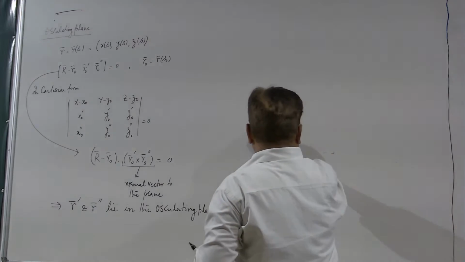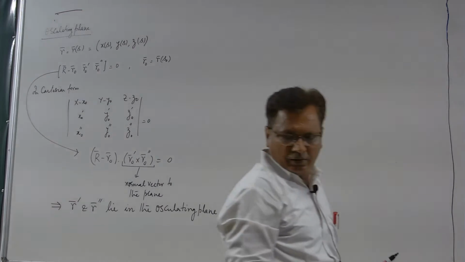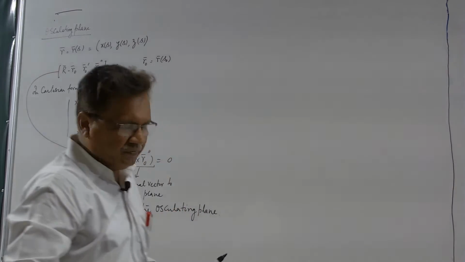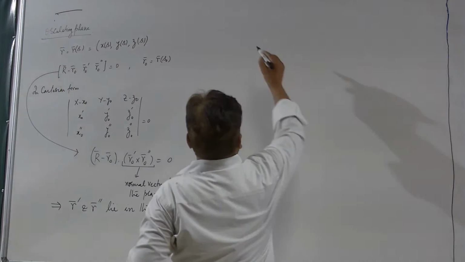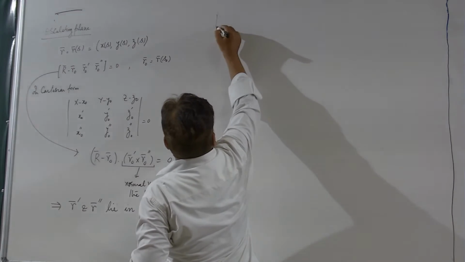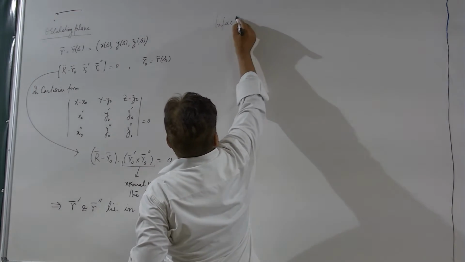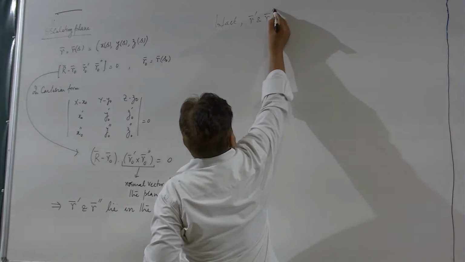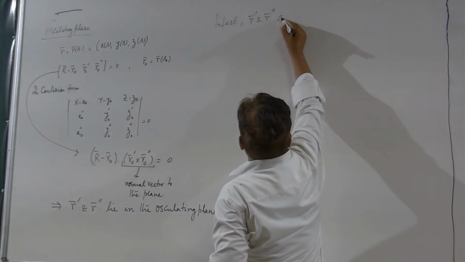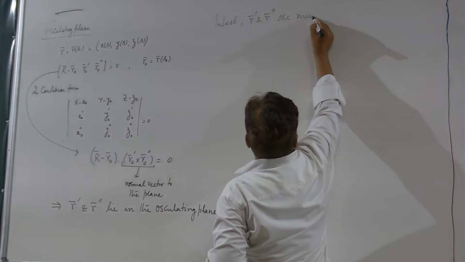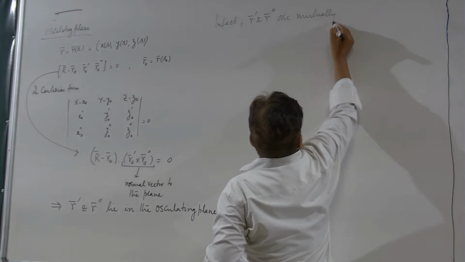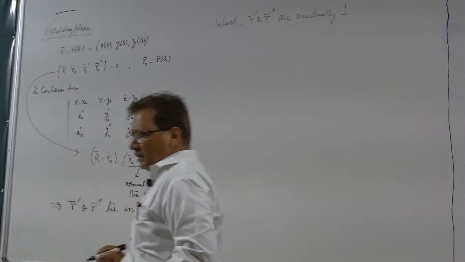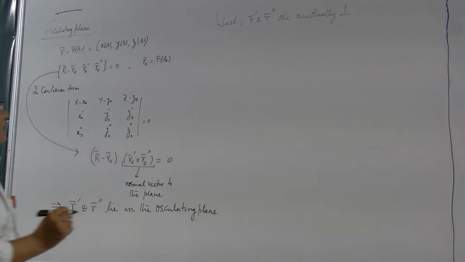In fact, r dash and r double dash at any point are mutually perpendicular. The reason is simple.